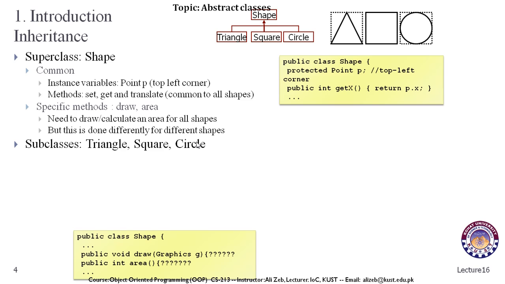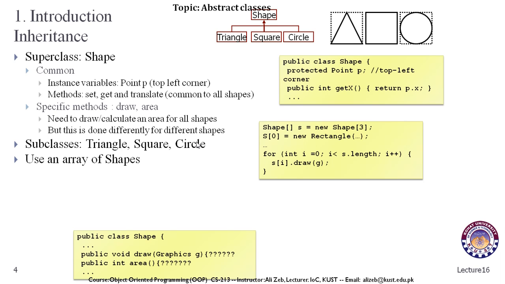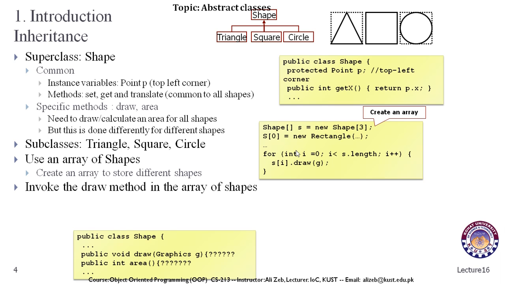So what we can do is create the triangle, the subclasses, and use an array of shapes as we have used in polymorphism, and call the draw method using the object of each class, as we are trying to do over here, but invoke the draw method in the array of shapes.